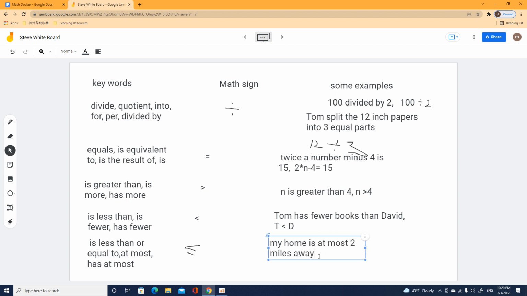So I use the h to express my home's distance. So that means the distance should be smaller or equal to 2. So that is the smaller or equal sign.